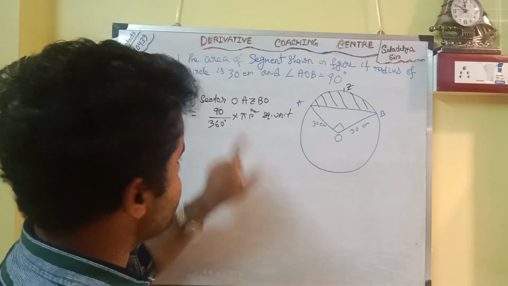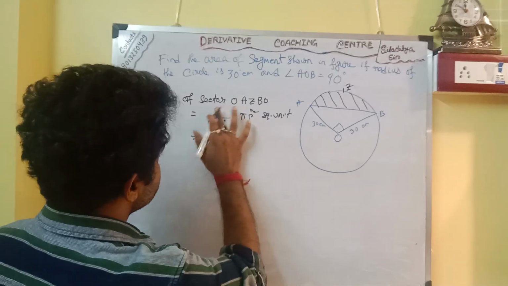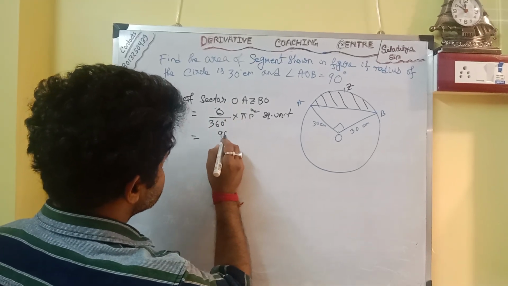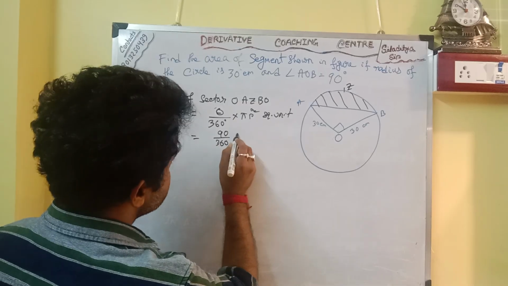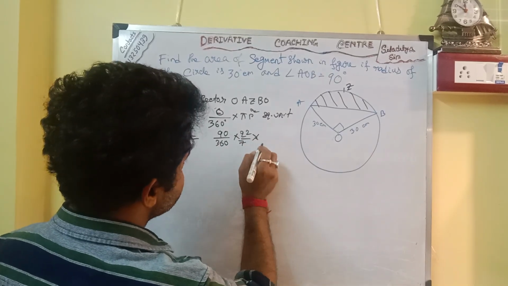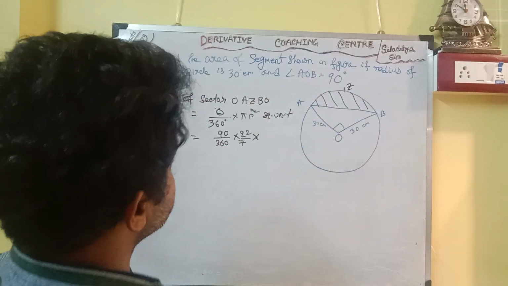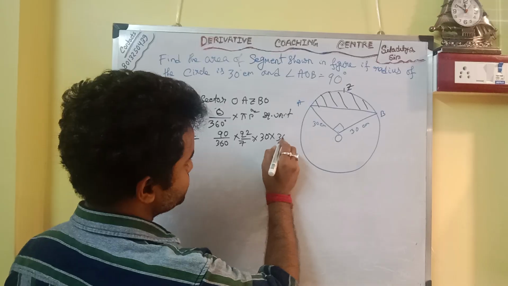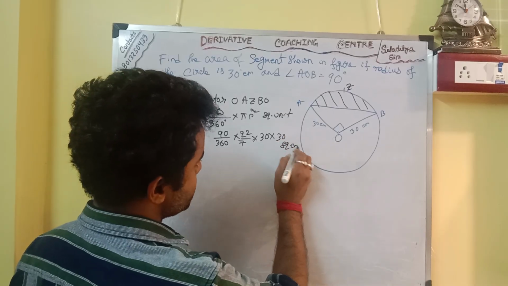So here theta is 90. Put the value of theta, that is 90 by 360 degree, into the value of pi, 22 by 7, and the radius is given, that is 30 centimeter. So into 30 into 30, in square centimeter.